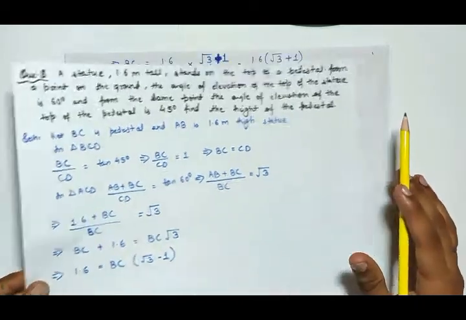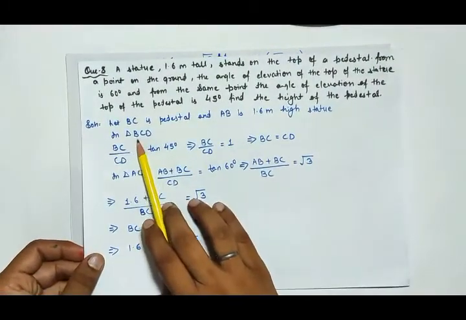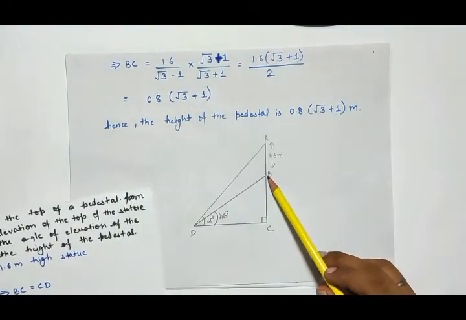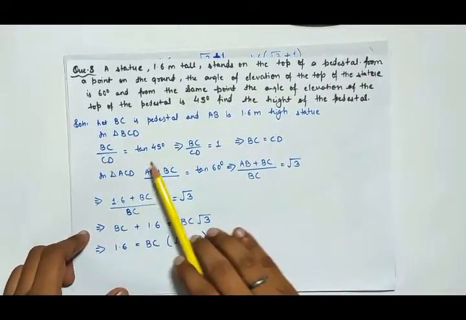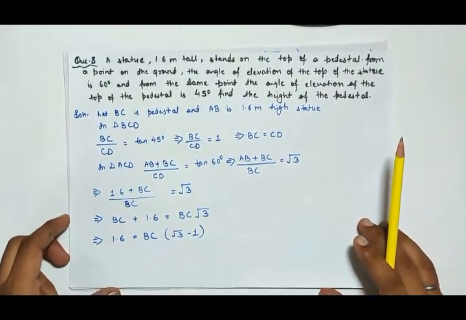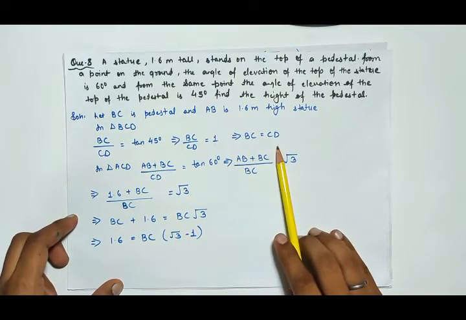Here the figure is drawn on the back side. In triangle BCD, BC upon CD is equals to tan 45 degree. Therefore BC upon CD is equals to 1, then BC equal to CD.